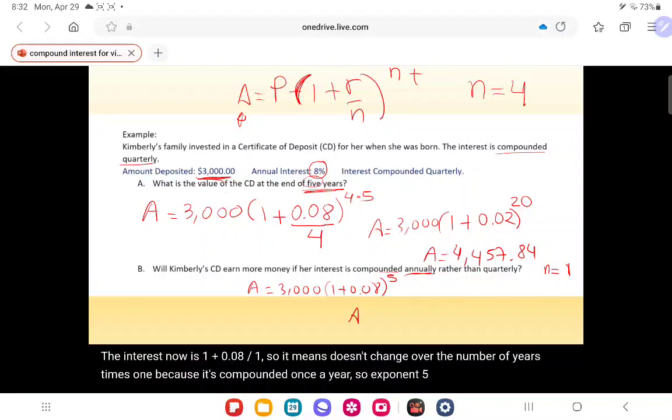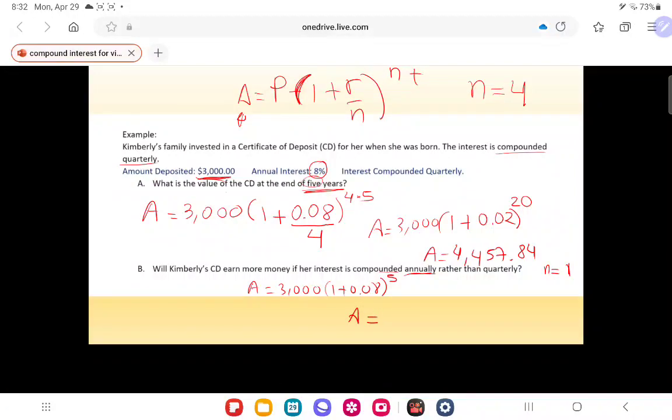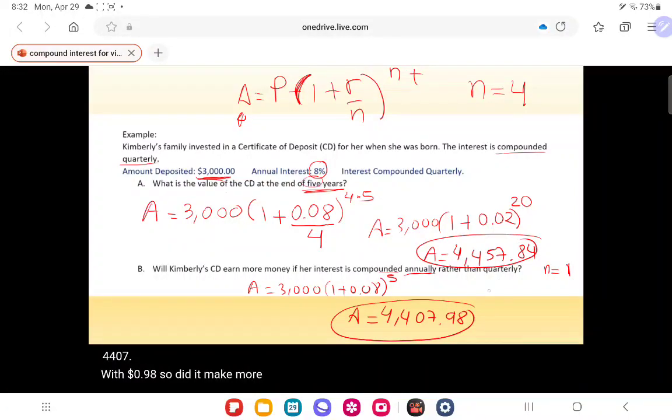And this gives me an amount of $4,407.98. So did it make more money? No, it made less money.